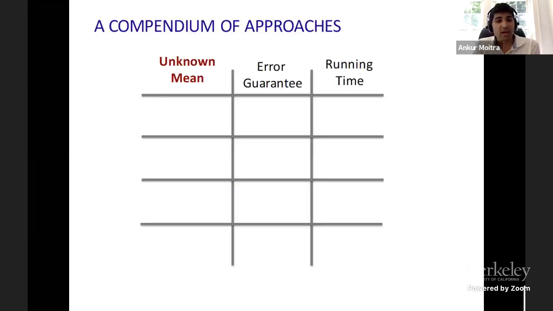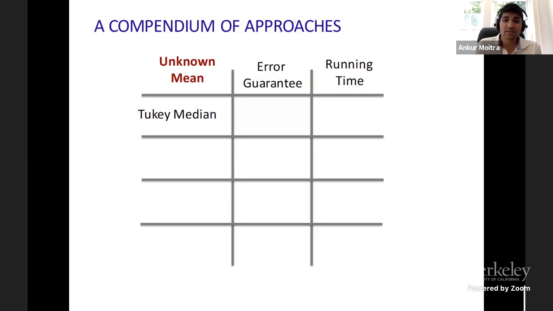So what's known in the case of the unknown mean? If you think about it, in the one-dimensional problem, we knew that the median was a good, provably robust estimator for the unknown mean. So the natural thing to try is a high-dimensional analog of the median. Well, that's exactly what Tukey did. There's something called the Tukey median.